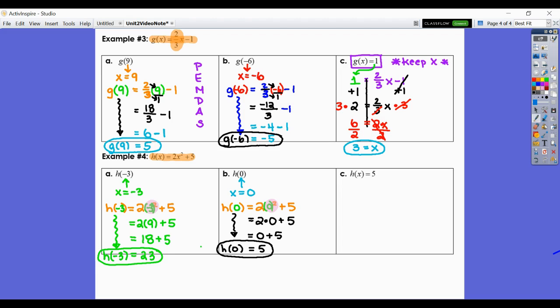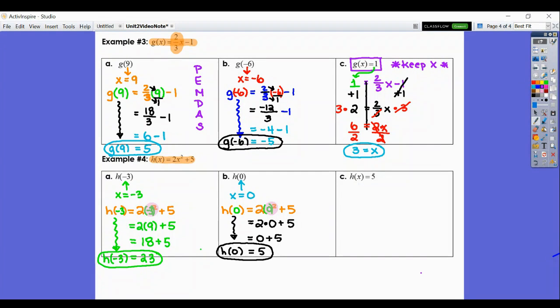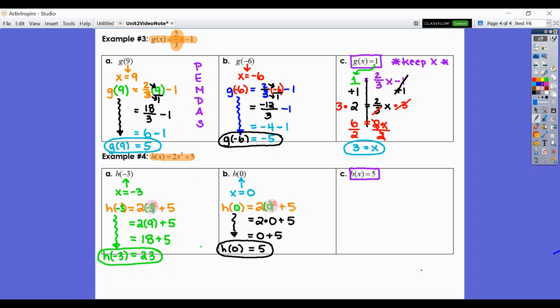Last example, we have example 4c. We have h of x equals 5. When we have an equal sign, I like to box the whole thing and remind myself that I'll be keeping and solving for x. Well, we have f of x, h of x specifically in this case, going to be 2x squared plus 5.